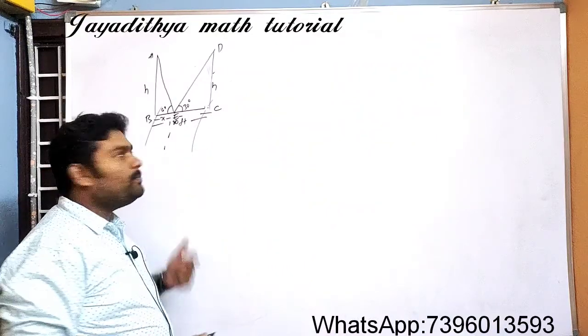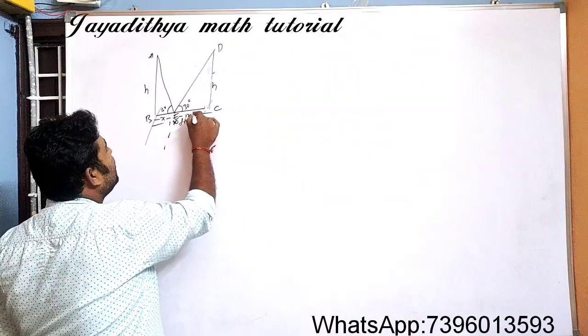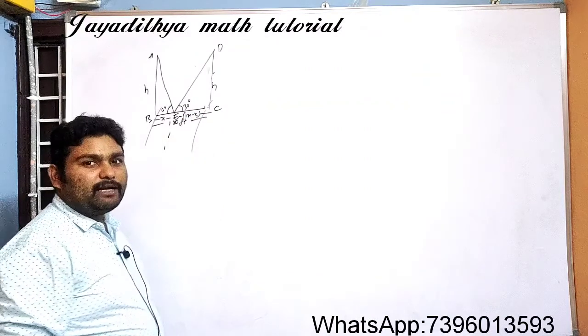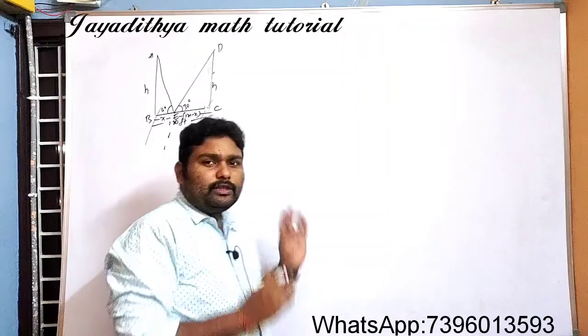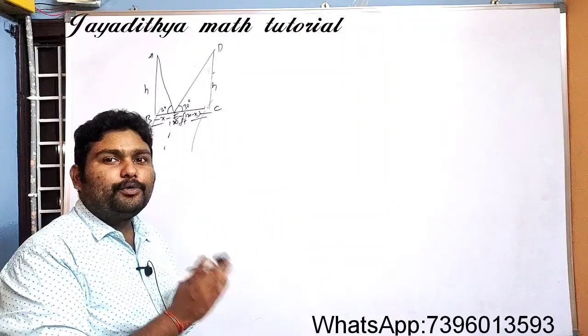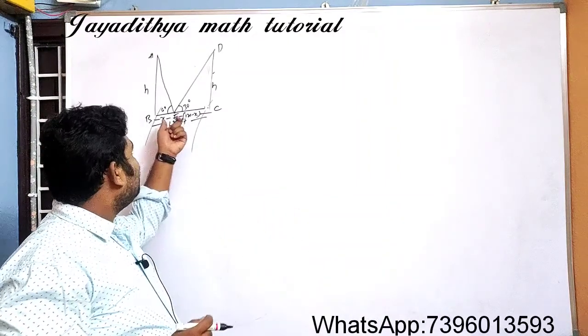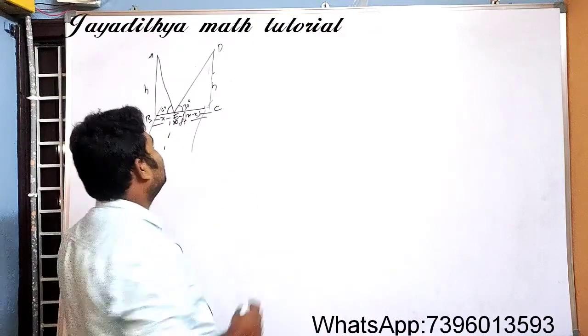It will definitely be 120 minus x. So you need to find the height of the poles and also the distance of the point from the poles.